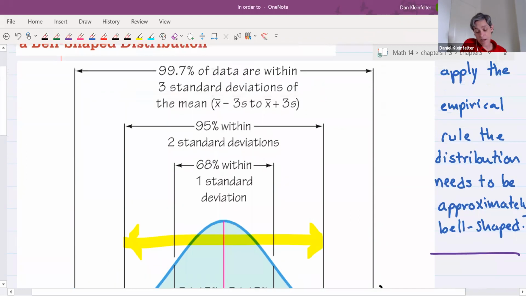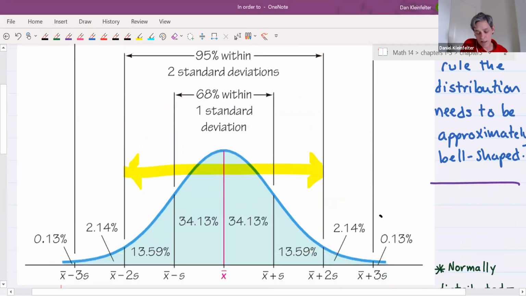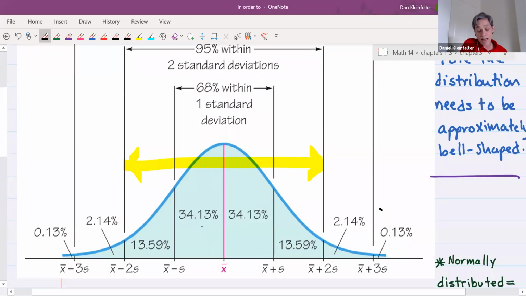So here up top in the graphic, this is taken from the textbook, they just rounded this a little bit. This 68% could have been 68.26%. They just didn't show that many decimals. That's why it doesn't totally match what you have down here, the 34.13. 34.13 twice is 68.26%. Okay, and then you're going to have the same thing happening as well.